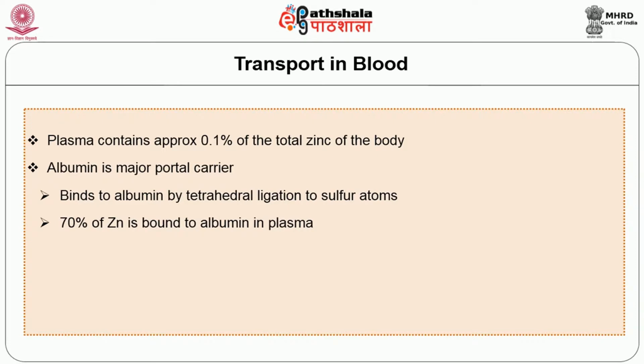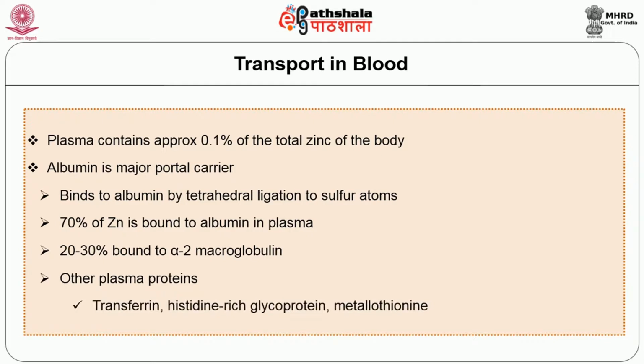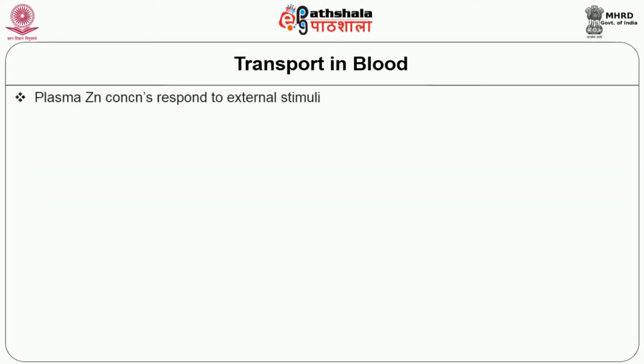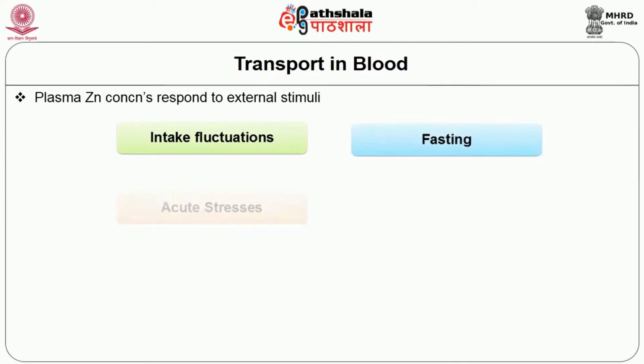Now, 70% of zinc is bound to albumin, and 20 to 30% of the remaining is bound to alpha 2 macroglobulin. Other plasma proteins are transferrin, histidine rich glycoprotein and metallothionein. Plasma zinc concentration responds to external stimuli like intake fluctuations, fasting and acute stress.